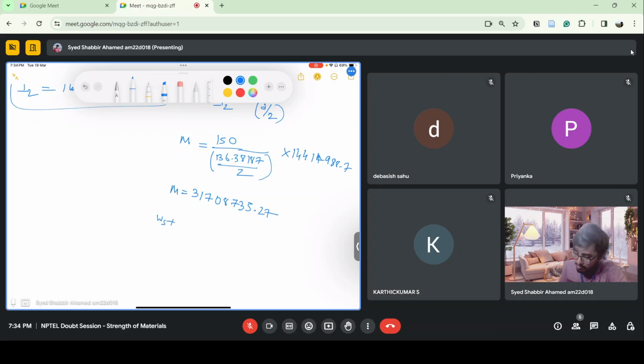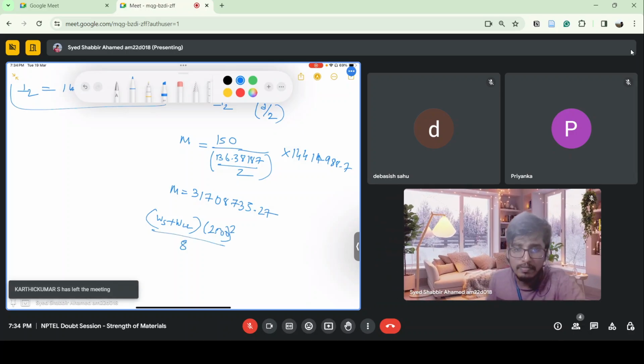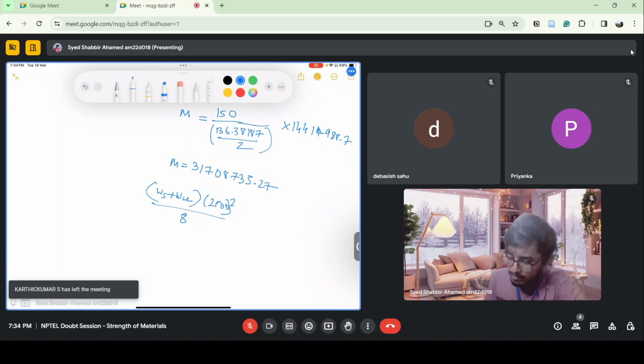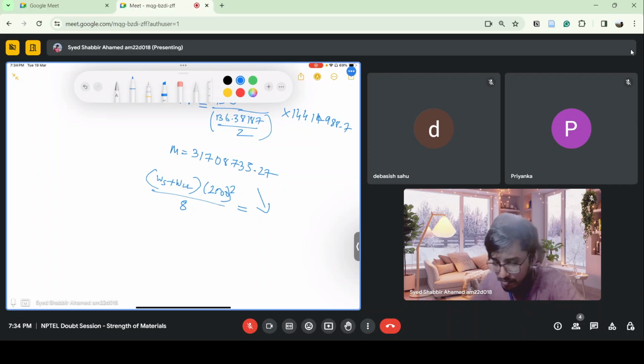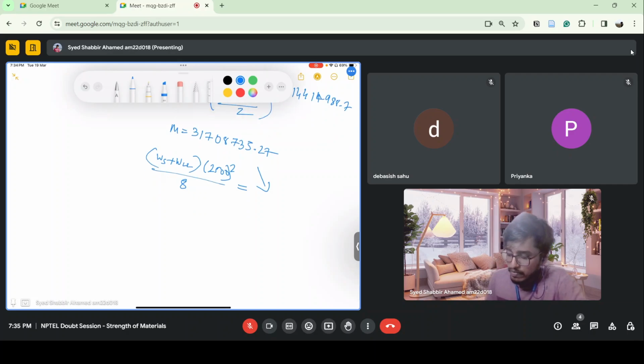And again we know 2500 square by 8 equals something. We'll get this plus this equal to 40.587.